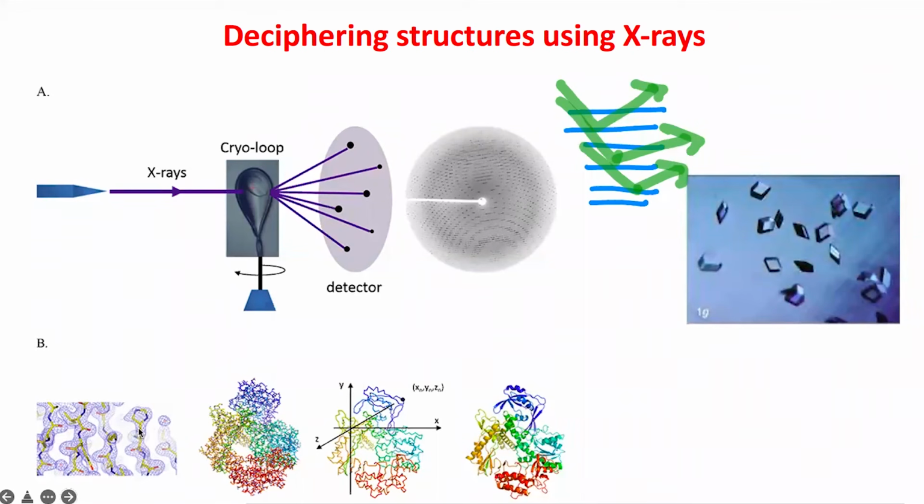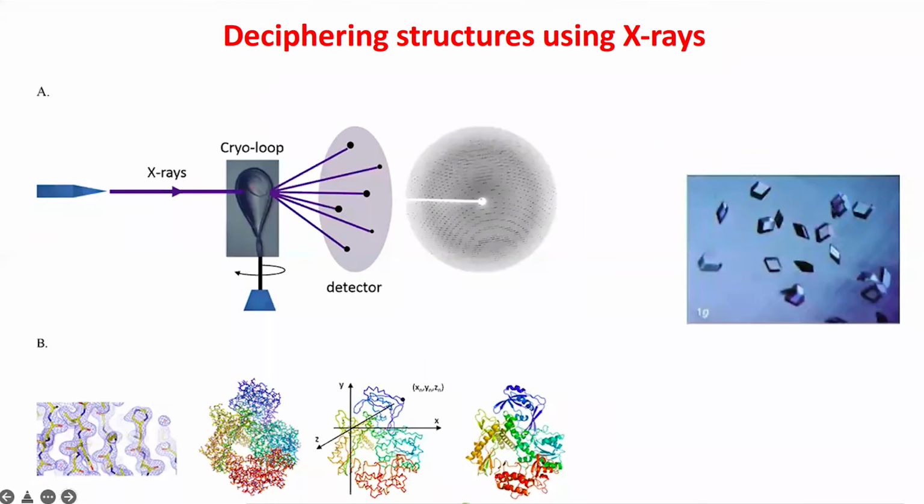And these spots contain all the information you need, minus one very important thing, which I'll talk about, to calculate what is known as an electron density map, okay? So you can take these spots, and for each spot, the intensity of the spot tells you something. The intensity of all the spots together leads you to what is shown on the left-hand side over here, which is basically an electron density map. So for example, let me try and draw this.